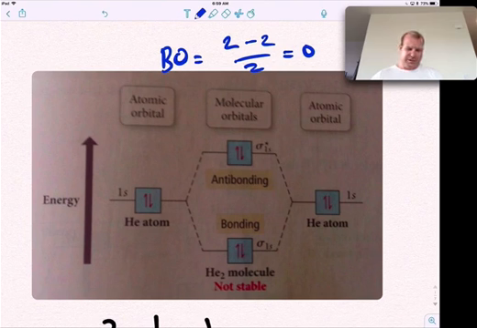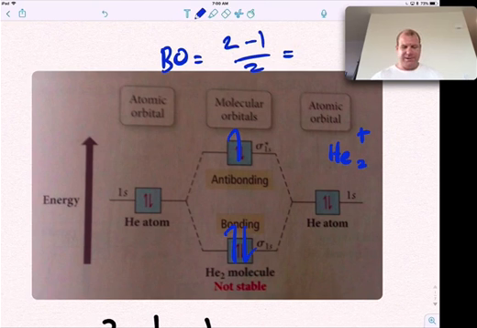What about helium-2 plus? Say we were somewhere really hot, like the sun, and instead of this, what if we had helium-2 plus? Now the bond order is 2 bonding minus 1 anti-bonding, a bond order of a half.